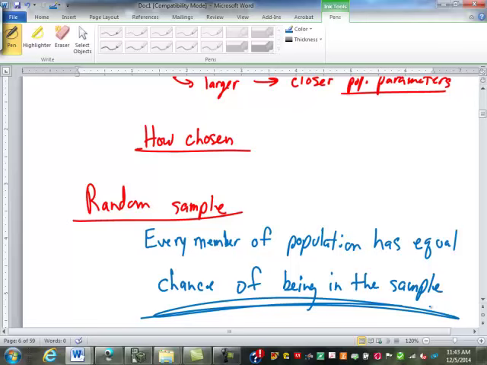For example, you might write down the names of everybody in the population, throw them in a hat, and draw out however many you're going to put in the sample. That would be random. There are other random mechanisms, but that's one of those topics that we're not going to get into because of our time constraints here.